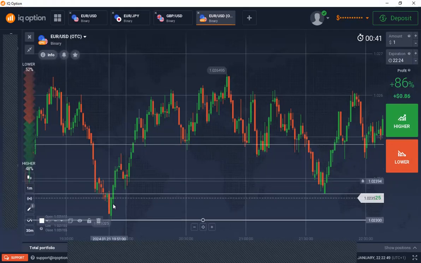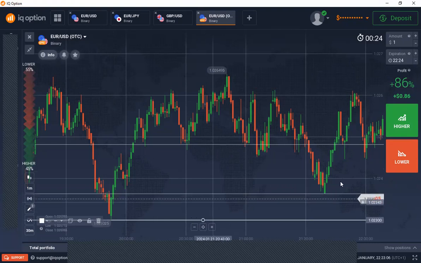Because here, this is the last red candle before this upward movement. So price did touch the level, not close inside the zone. Or actually it opened from the zone.